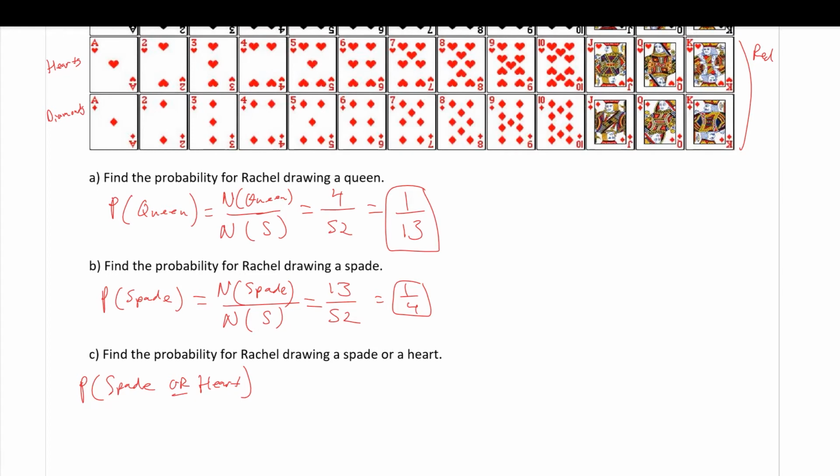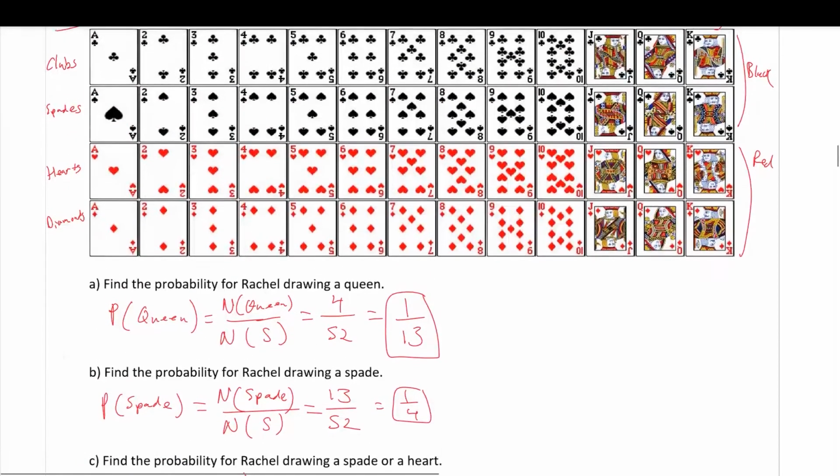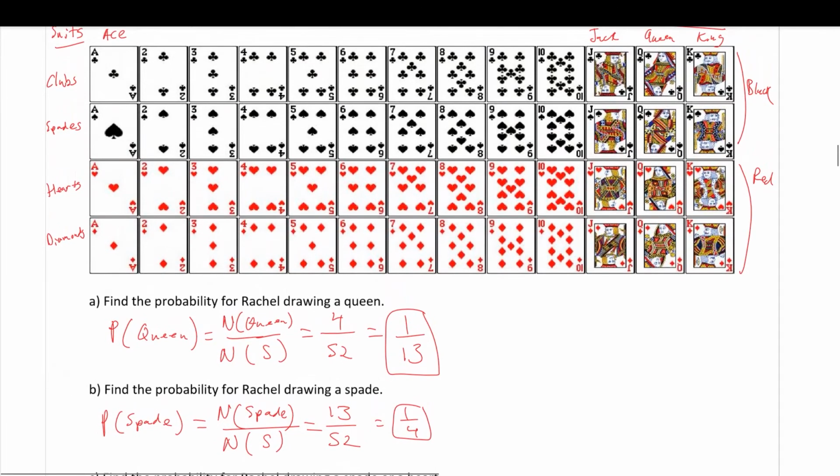So the way you want to ask yourself is, does there exist a card that is both a spade and a heart? Well, let's look up here. The spades are all these guys. The hearts are all these. Is there any overlap? Is there any intersection here?